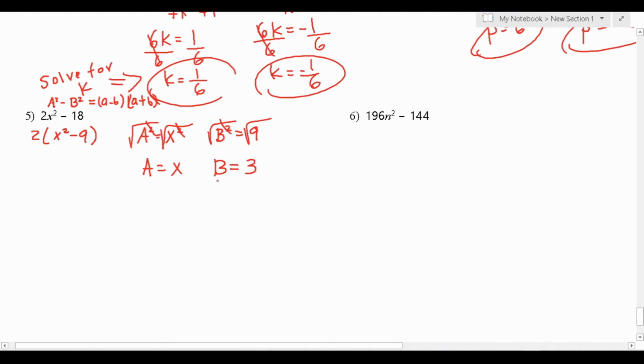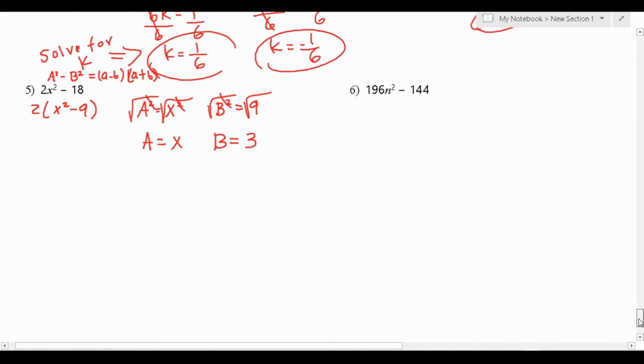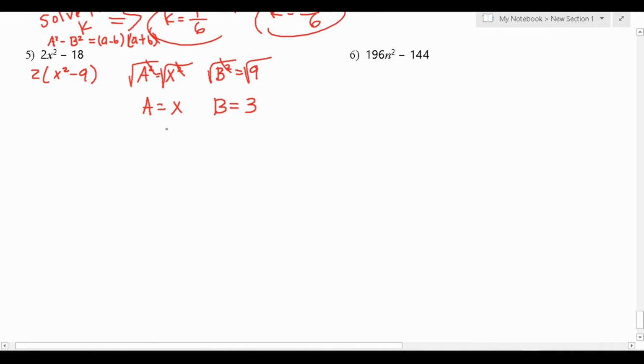So we have our a and b identified, and now it's just a matter of plugging those into the solution, namely a minus b times a plus b. But that said, we do have this 2 hanging out here. So in this case, our solution is going to look like this: everything times 2.